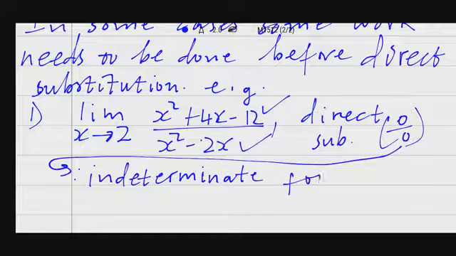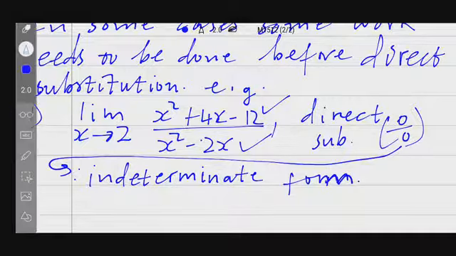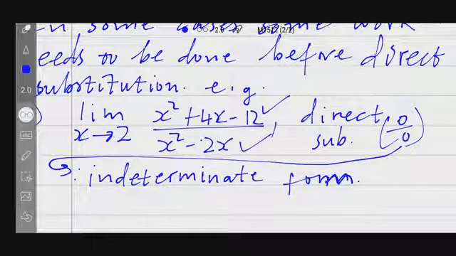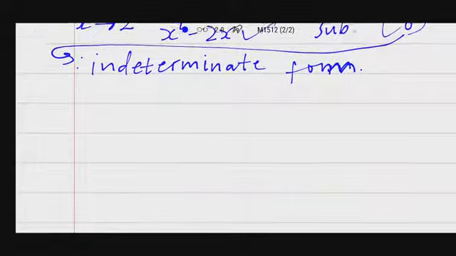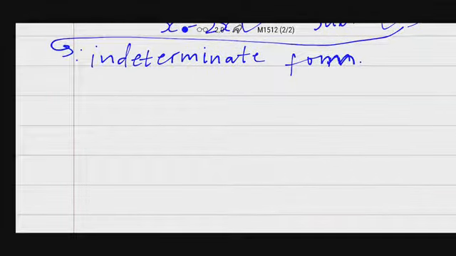You will see a lot of indeterminate forms as we go along with calculus, but let's introduce this first one. So that means you need to do a little bit of work before you do the direct substitution.